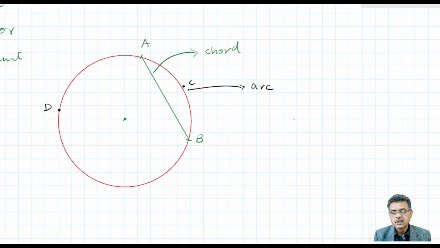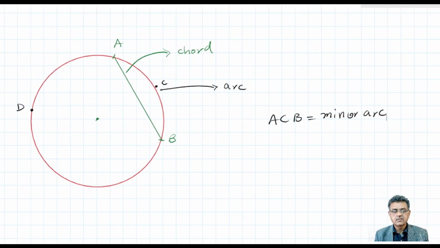If we go from A towards B passing through C, it is called the minor arc.